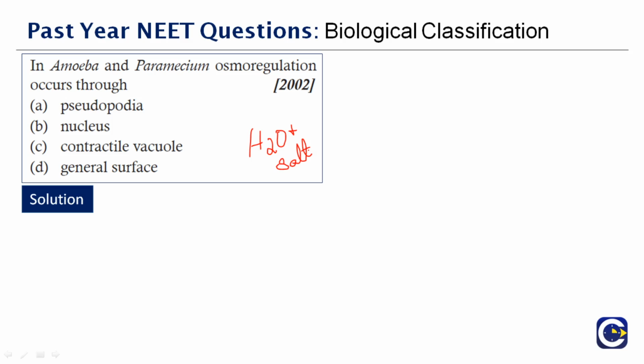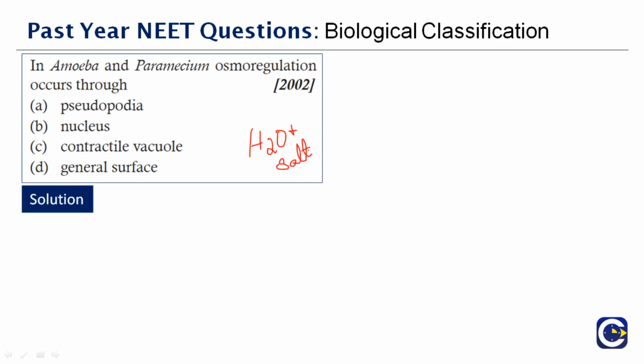Okay, in Amoeba and Paramecium, osmoregulation occurs through dash. But before that, what is osmoregulation? It is the maintenance of the constant osmotic pressure in the fluids of an organism by the control of water and salt concentration. Apart from that, in terms of biology, it is the process of regulating water potential in order to keep the fluid and electrolyte balance within an organism or within a cell relative to the surrounding.